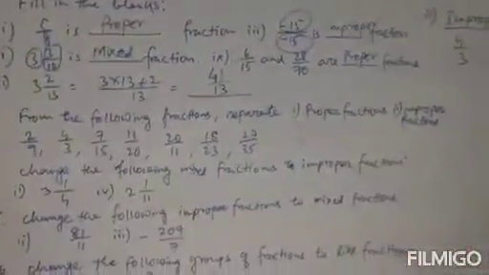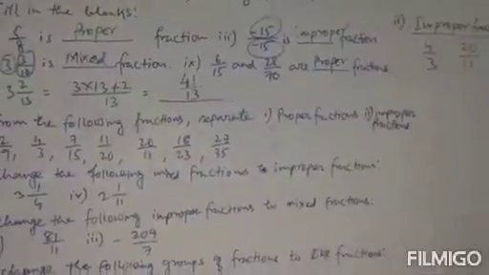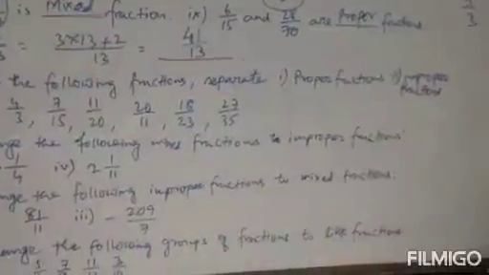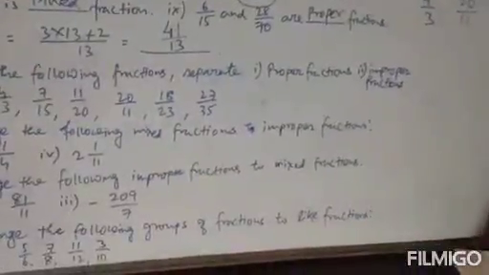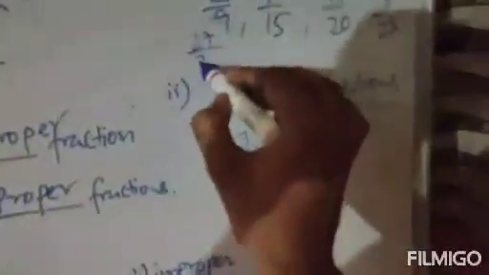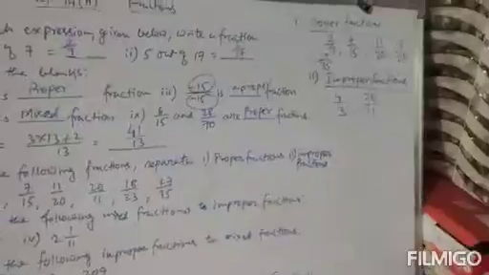Now next fraction is 18 by 23. 18 by 23 is a proper fraction because numerator 18 is less than denominator. Next, 27 by 35 is also a proper fraction because numerator 27 is less than denominator.